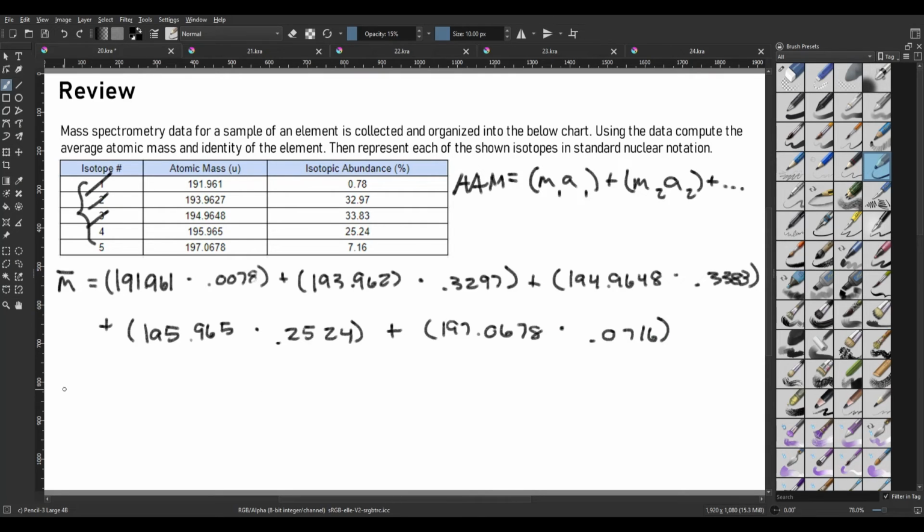So if we put this into our calculator, 191.961 times 0.0078 plus 193.9627 times 0.3297 plus 194.9648 times 0.3383 plus 195.965 times 0.2524 plus, it's a bit of a long one, isn't it? 197.0678 times 0.0716.